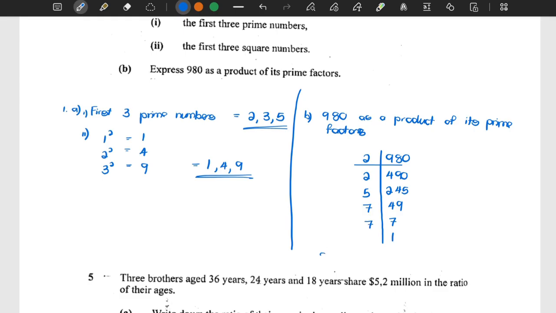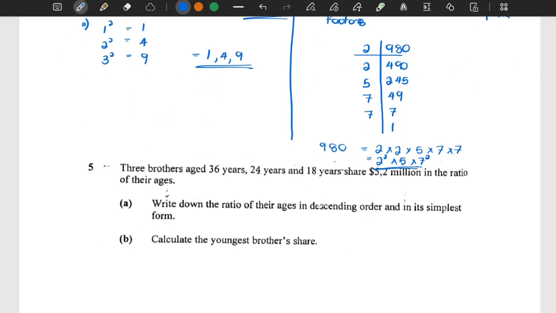So that means 980 is equal to 2 times 2 times 5 times 7 times 7, which is the same as 2 to the power 2 times 5 times 7 to the power 2. And that's your answer.